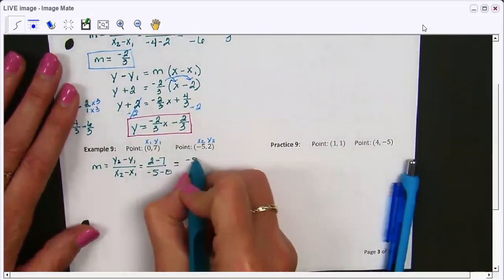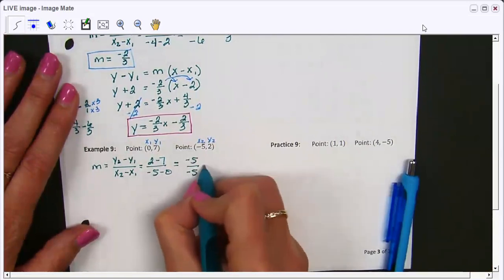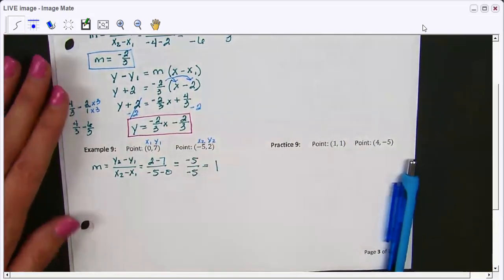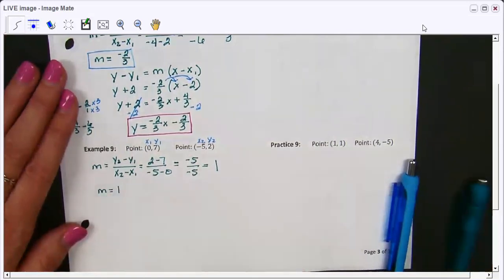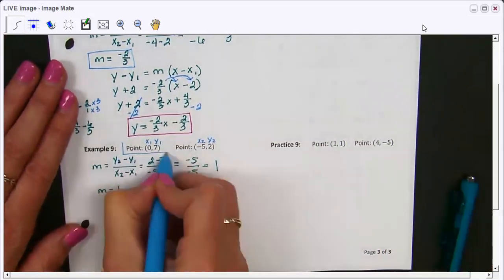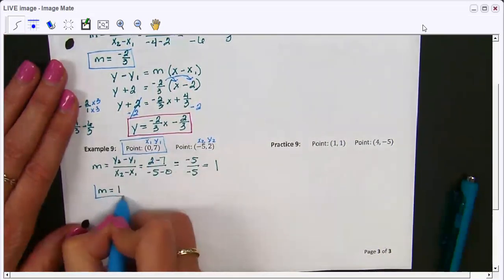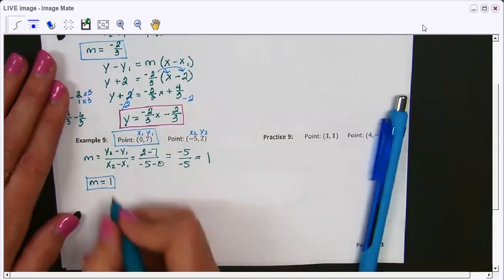So you get -5 over -5, which gives us a +1. So I'm going to use that first point, 0, 7, and my slope of 1 to find my slope-intercept equation.